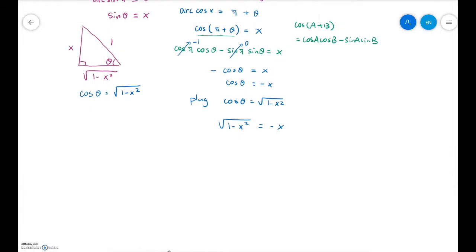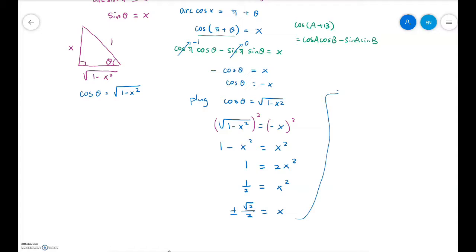Now I need to solve this radical equation by squaring both sides. I will have 1 minus x squared equals x squared. Solving it, 1 equals 2x squared, x squared equals 1/2, and x equals positive or negative square root 2 over 2. So we have two answers, but we're not sure which one is correct.